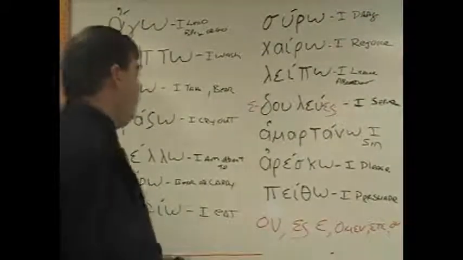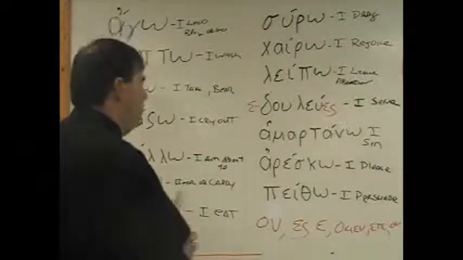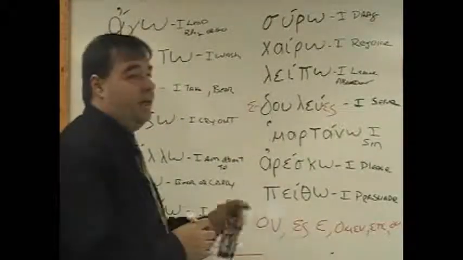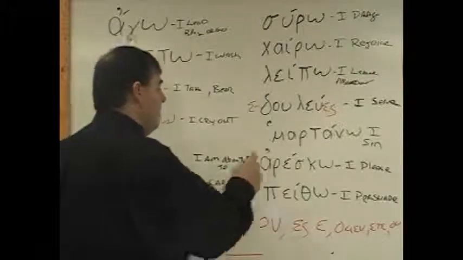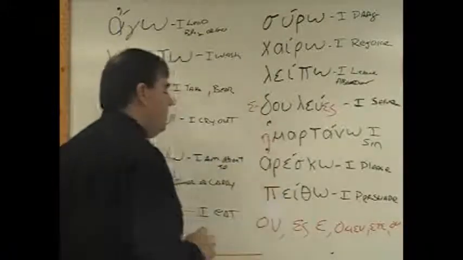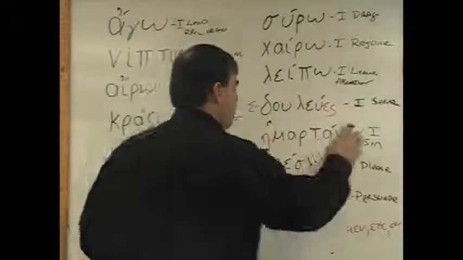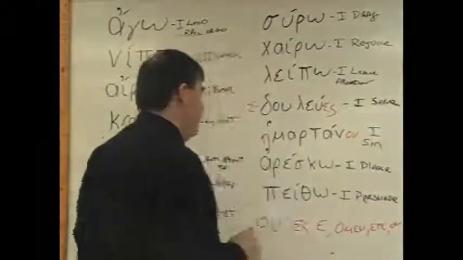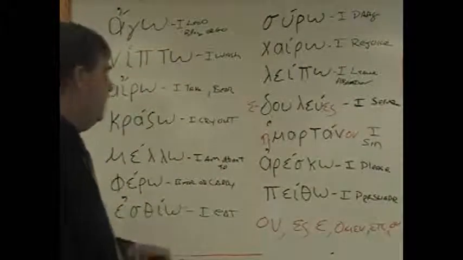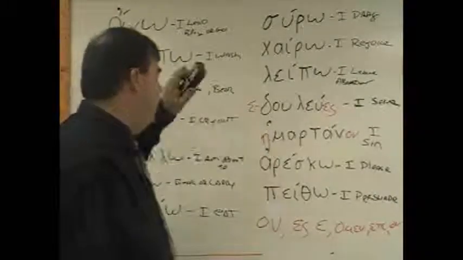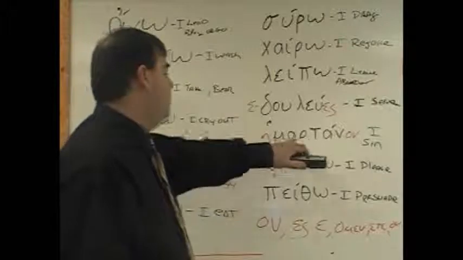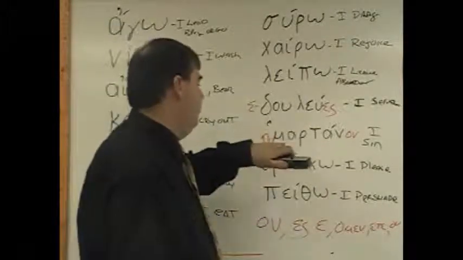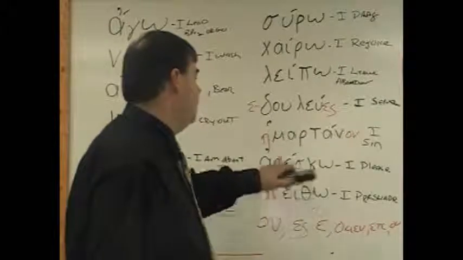Now, let's pick another one here. Let's use hamartano, the word for sin. It had an alpha at the beginning, so we know this one is going to lengthen to an eta, and then we'll do a first person here. Now we know it's an imperfect, and it's active because it's an active ending, and it's first person singular.